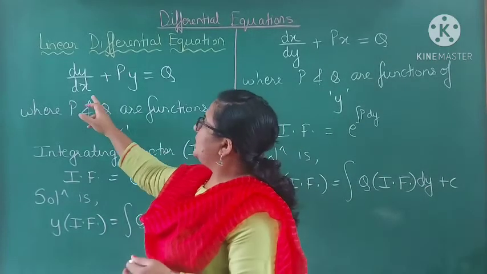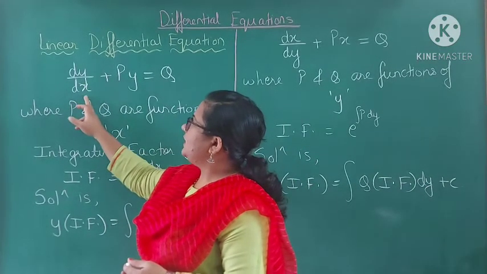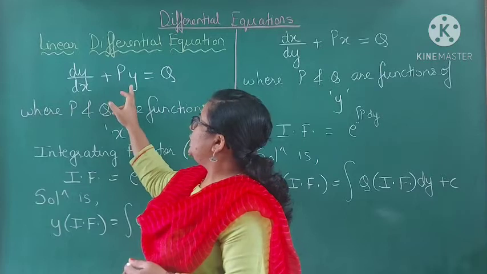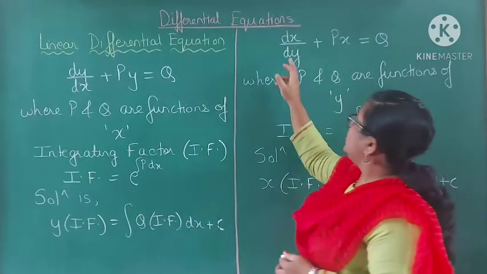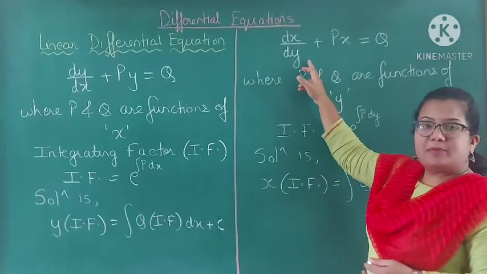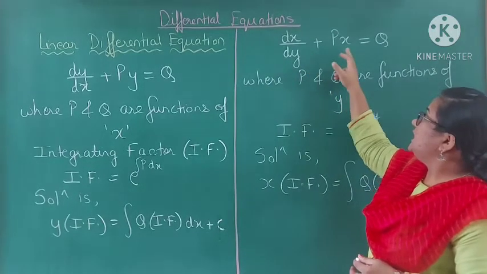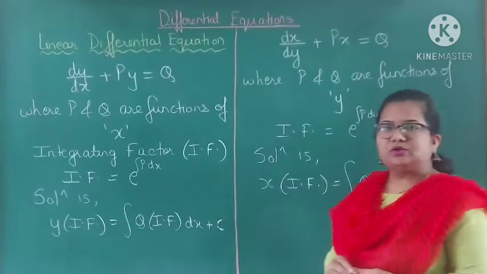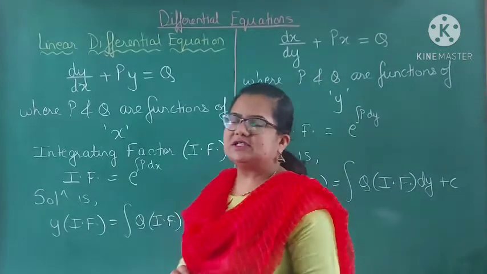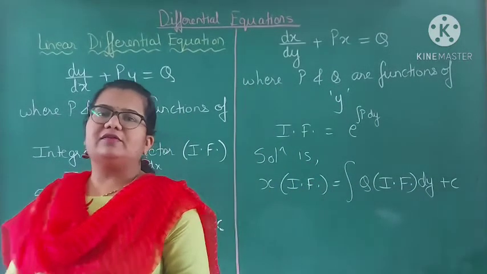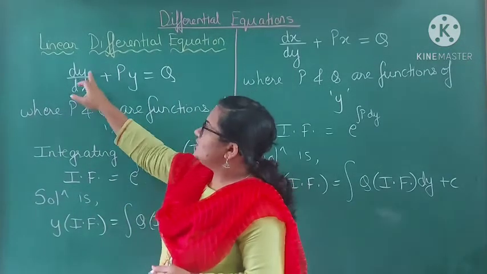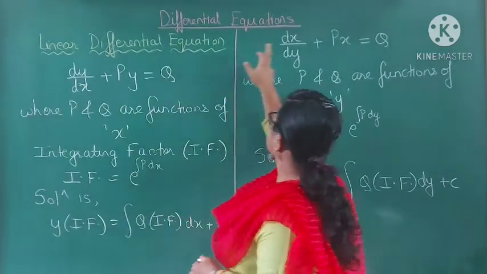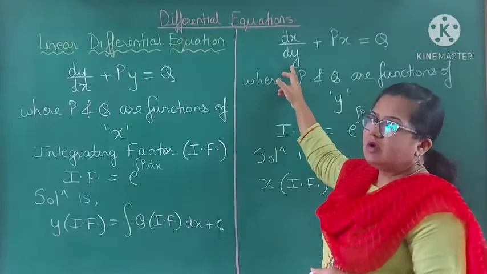Now see, the equations of the type dy by dx plus p into y is equal to q, or the equation of the type dx upon dy plus p into x equal to q, these types of equations are called linear differential equations. So here you can see this is a function y with respect to x, and here it is a function x with respect to y.